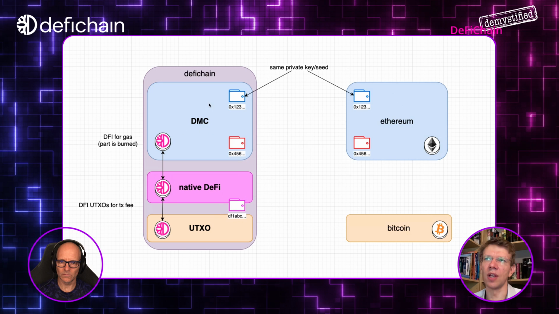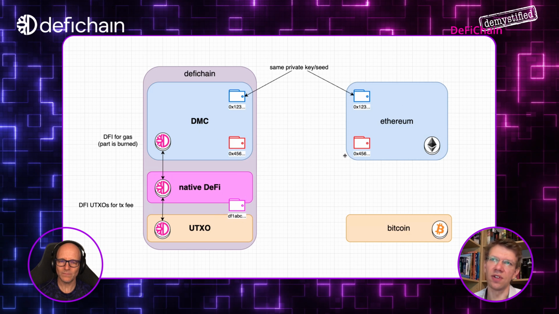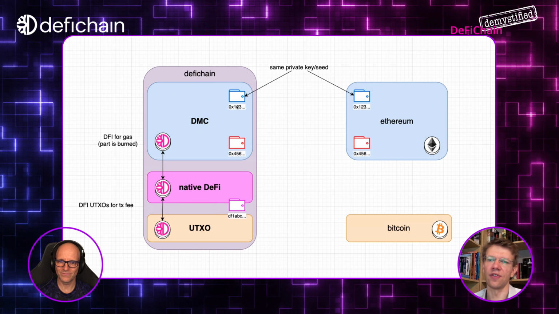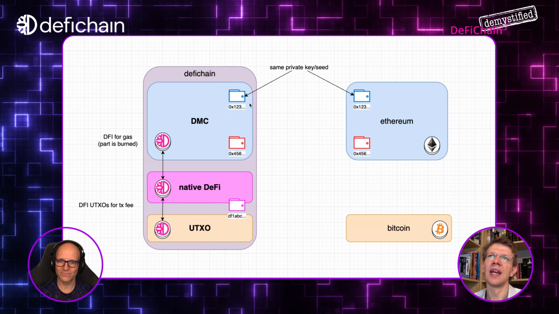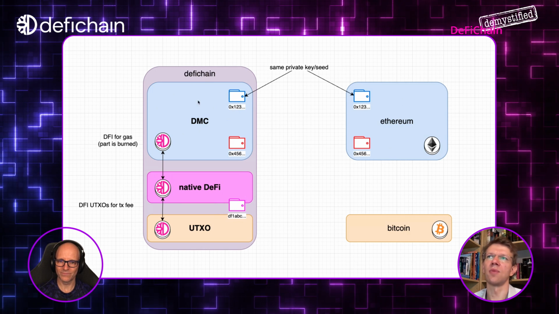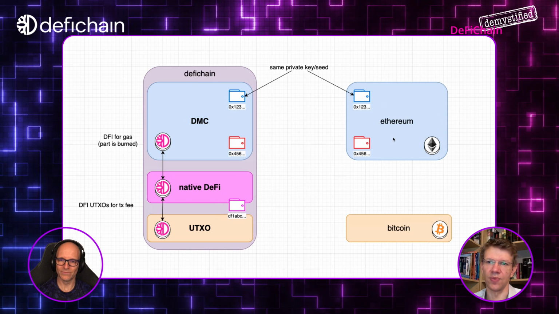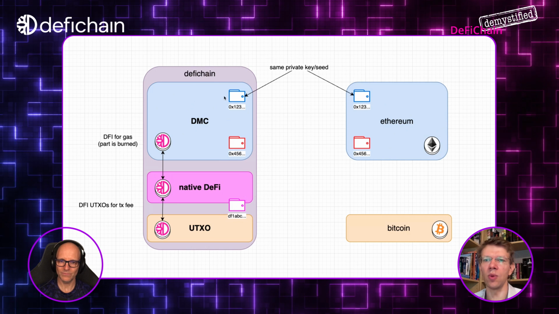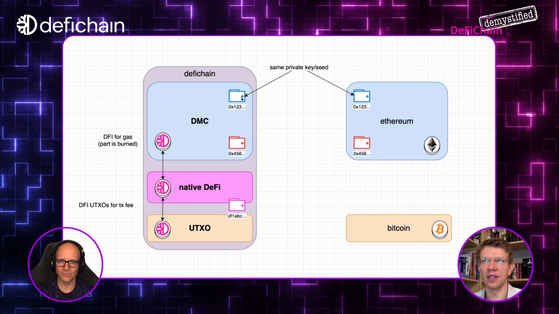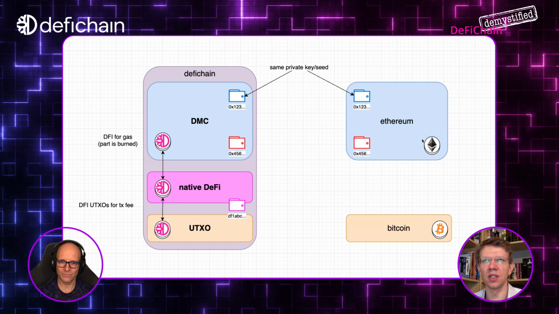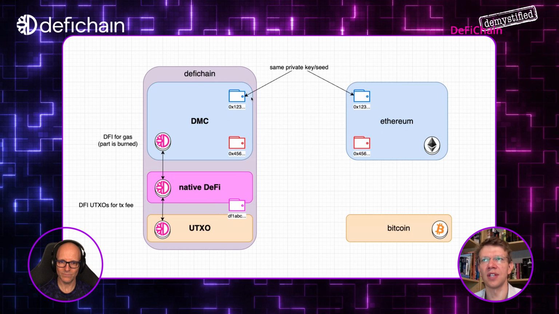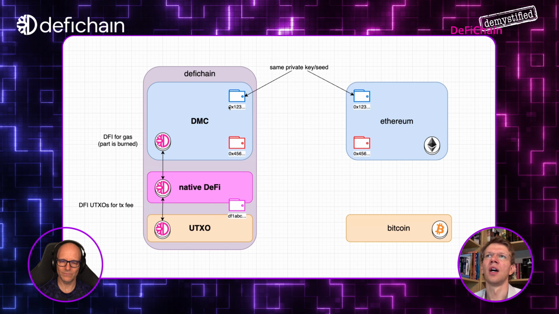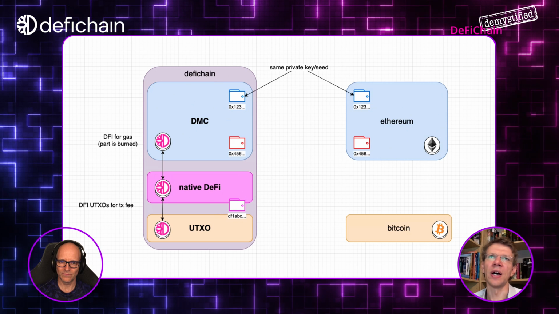And on Ethereum level, or on EVM level, so in the upper area, we have the ERC55 addresses, these hex addresses. And they behave exactly the same on the MetaChain as on Ethereum. You have the private key, you can use it the same way everywhere. So that's the same thing. As soon as you use it already in Ethereum, you can use the same address with your same tools on the DMC, and the other way around.